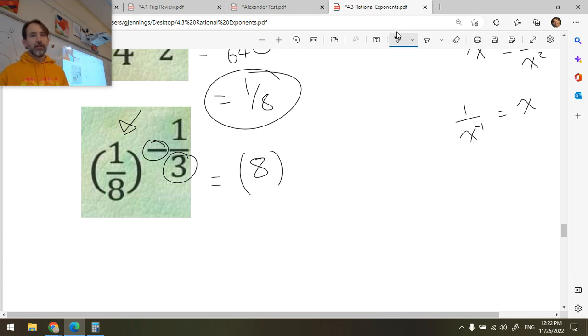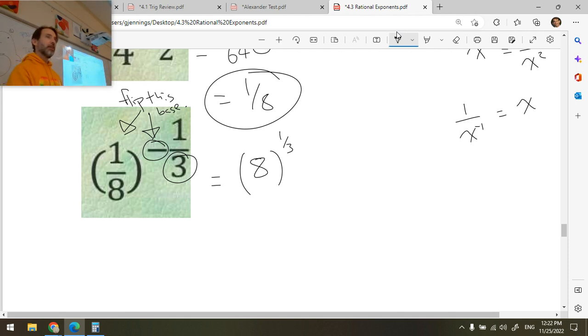So 8 to the 1/3. There. That's what this negative exponent is telling me to do. It's telling me flip this base. All your base are flipped by negative exponent. Okay. Now what's 8 to the 1/3?